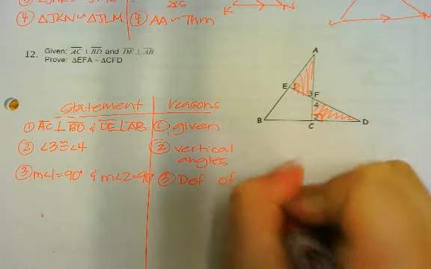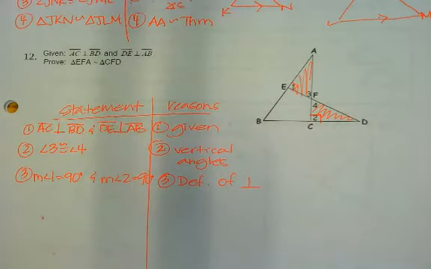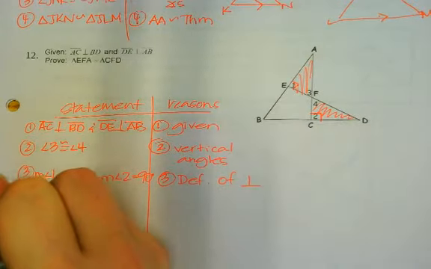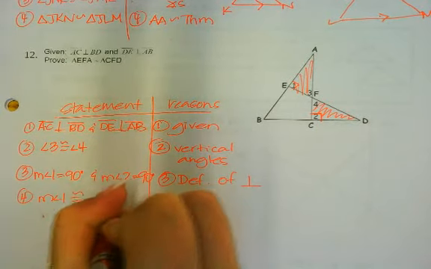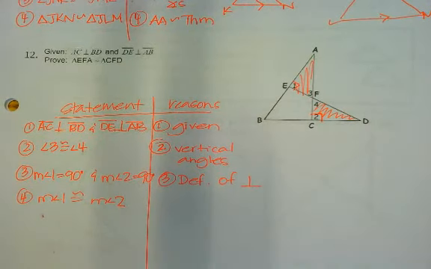So that's the step people are going to forget. You can't just put a right angle and say that they're 90 degrees until you've given a statement and a reason. Okay, now we can say what? Angle 1 is congruent to angle 2 because transitive.